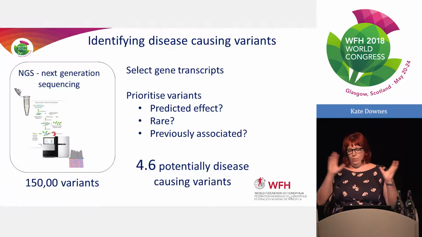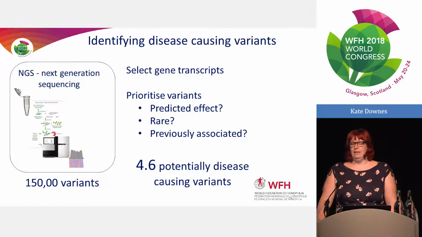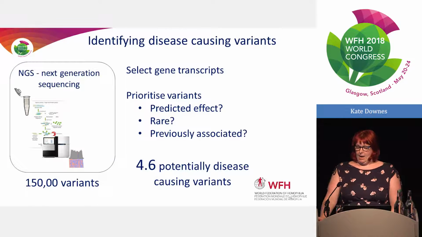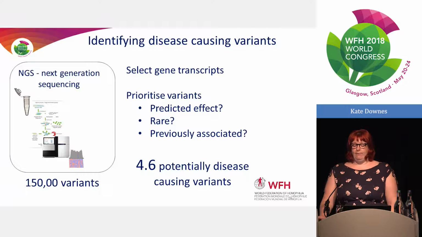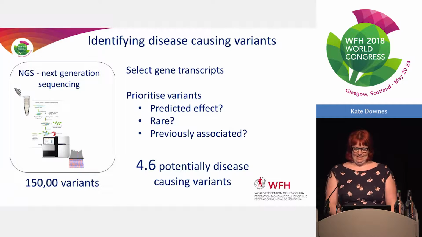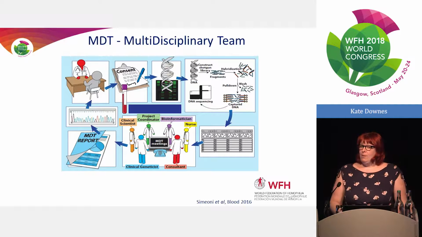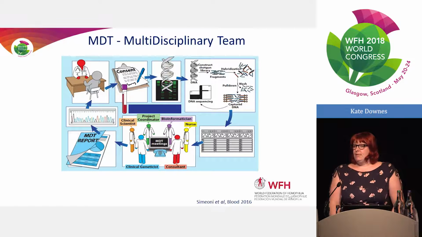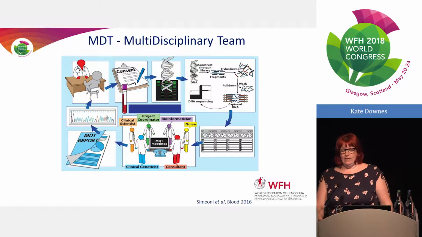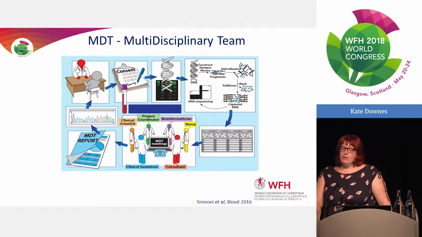So that's all with the computers, with the pipelines, with the bioinformatics skills and people that we have. But then we need some input to try and find which one of those 4.6 variants are causing the disease. So here we've really focused on for ThromboGenomics, and I think this is going to be adapted for lots of projects elsewhere, that this MDT is really critical.